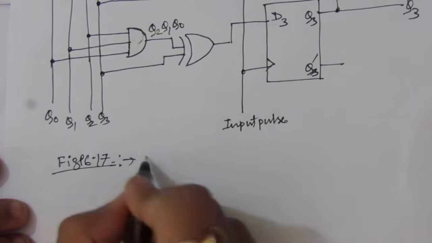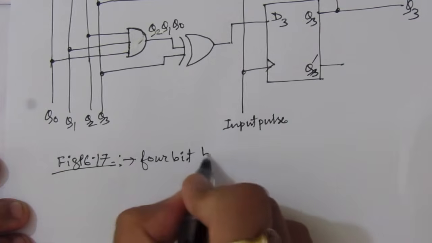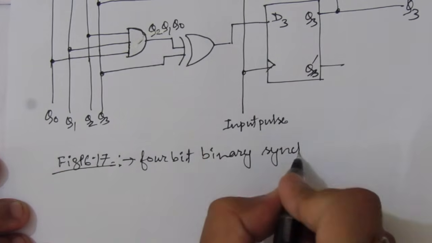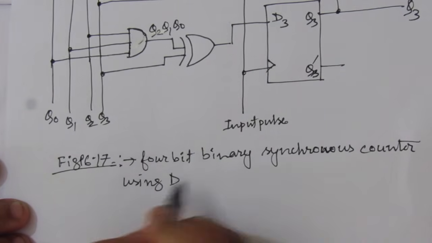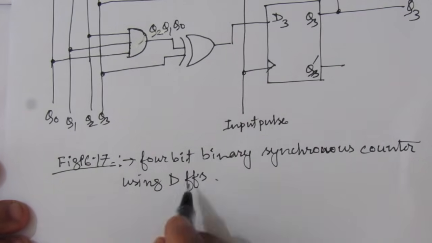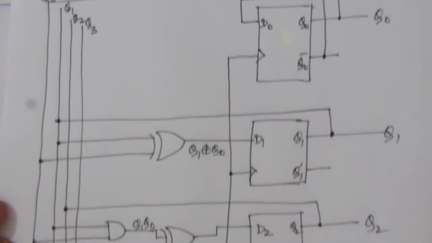This is a 4-bit binary synchronous counter using D flip-flops. FF means flip-flops. So this is the logic circuit of this 4-bit binary synchronous counter using D flip-flops.